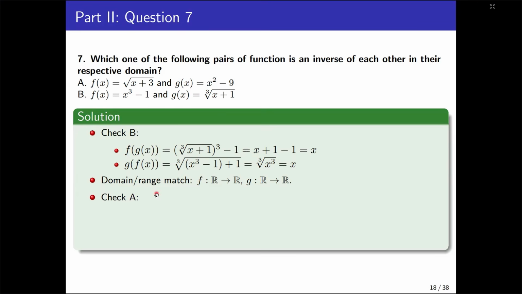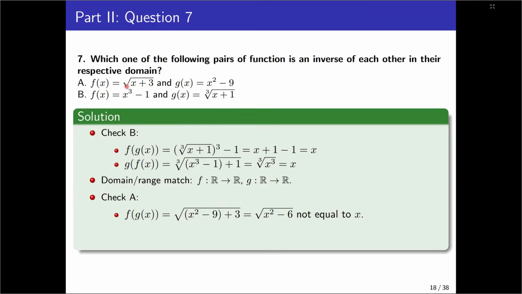In order to check A, f composite g of x is f of g of x. f of x is the square root of x plus 3, and g of x is x squared minus 9, so f of g of x is the square root of x squared minus 9 plus 3, which is the square root of x squared minus 6, which is not equal to x. Due to this, x squared minus 9 cannot be the inverse of the square root of x plus 3.